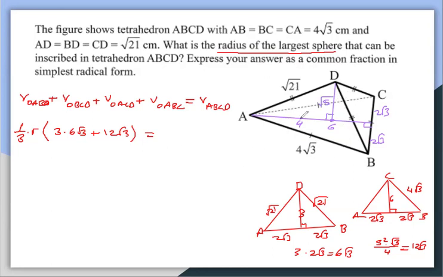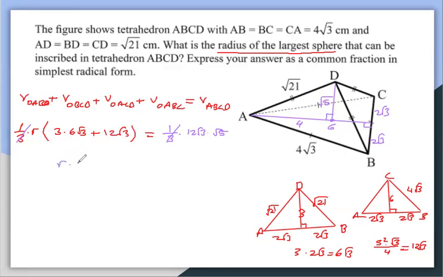So now we are almost done. The volume of this will be 1/3 times base area. The base is just the equilateral triangle, and we know the area is 12√3, and the height is √5. Since the 1/3 and 1/3 will cancel each other nicely, that will be 18 plus 12, which is 30√3.